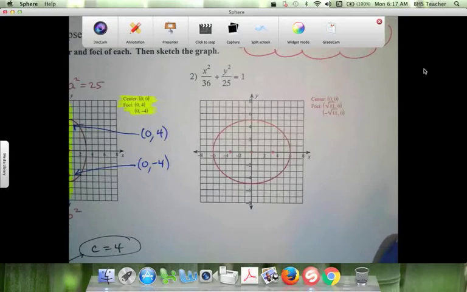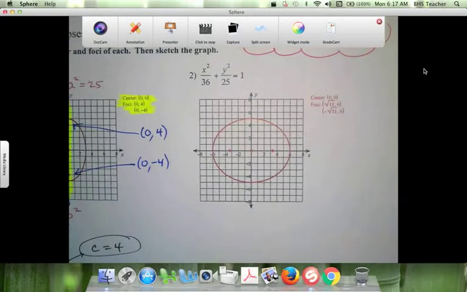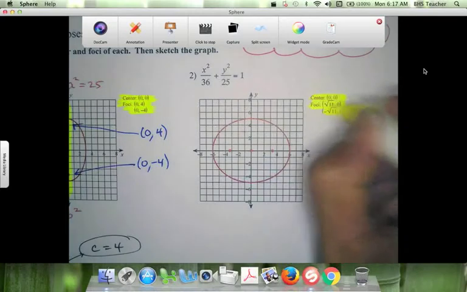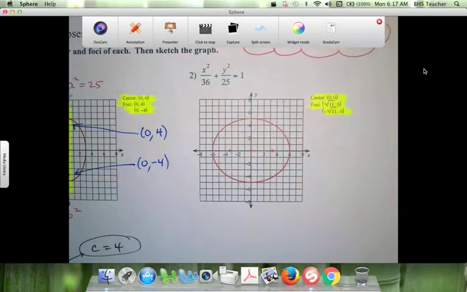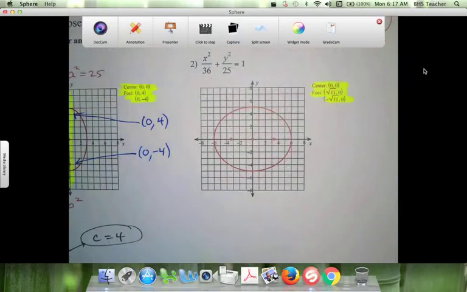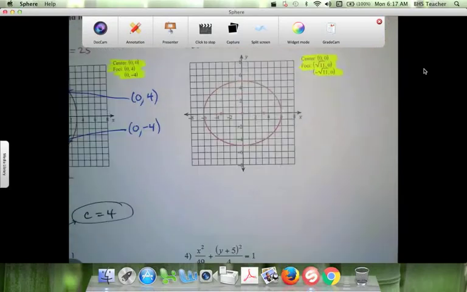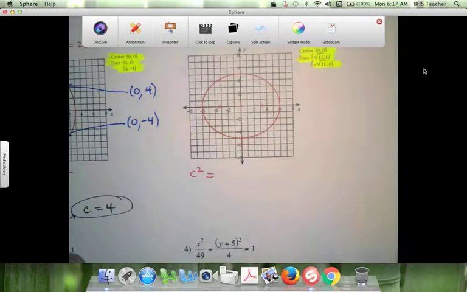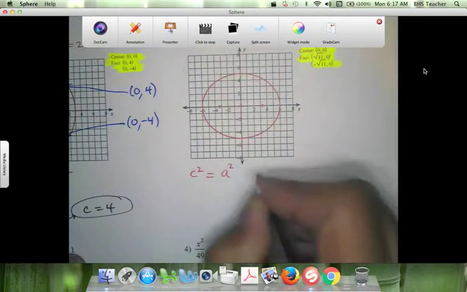Alright. Again, the answers are already here, but again, we're practicing. Alright, let's do this. How to get these foci. Okay, use the formula. c squared is equal to a squared minus b squared.